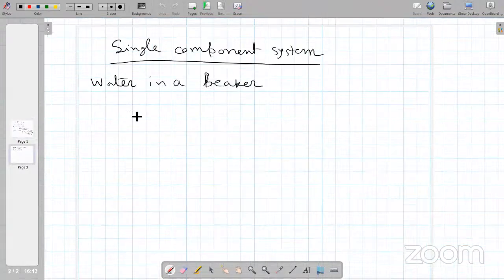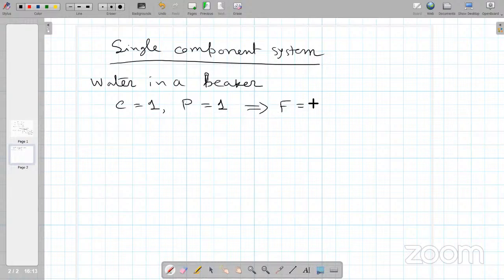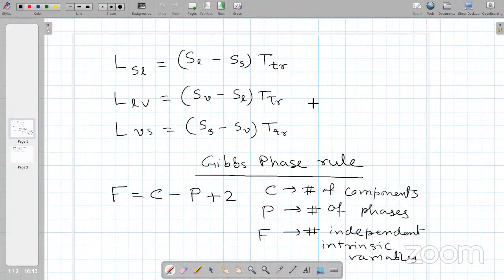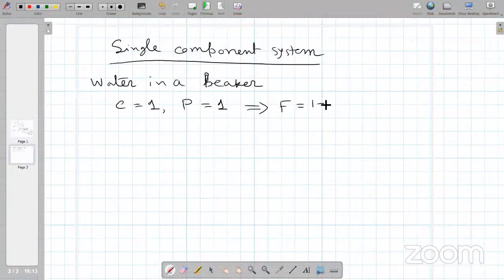Now, in this case, C is equal to 1. And please remember, there is only one phase. So P is equal to 1, which gives F is equal to C minus P plus 2, so it will be 1 minus 1 plus 2 is equal to 2. That means we need two parameters in order to give a complete description of this water in a beaker system if we consider that as a thermodynamic system.